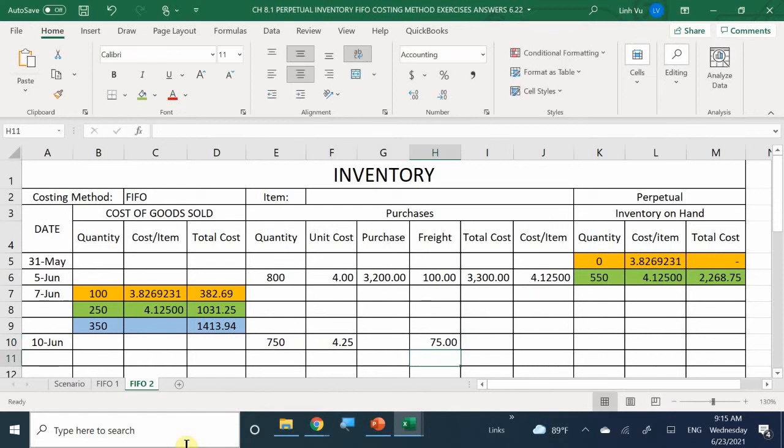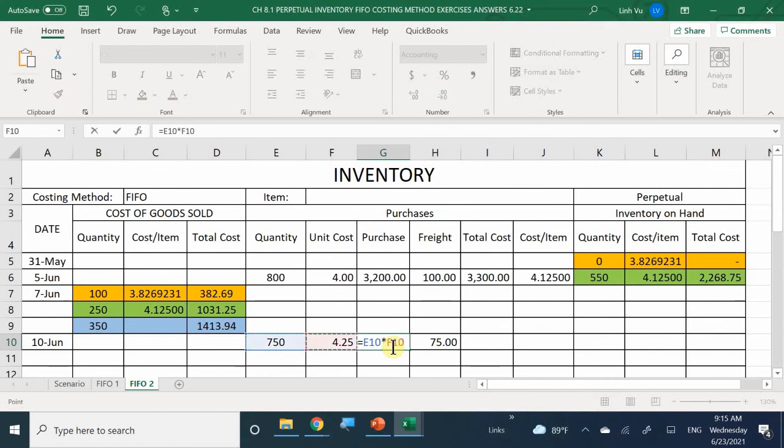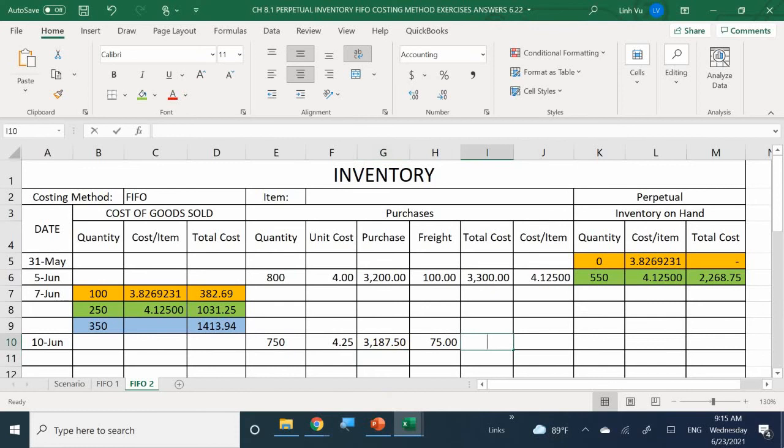So therefore, what's my total purchase price? $3,187.50. Good. Plus my freight of $75, because that's included in the cost of my inventory, $3,262.50. Good.